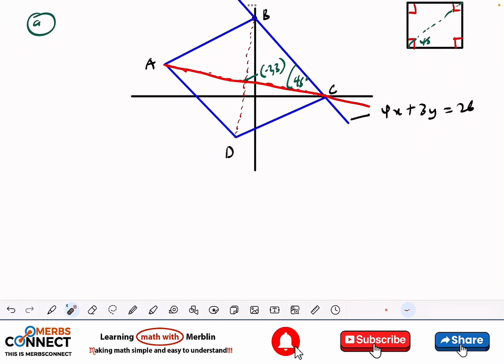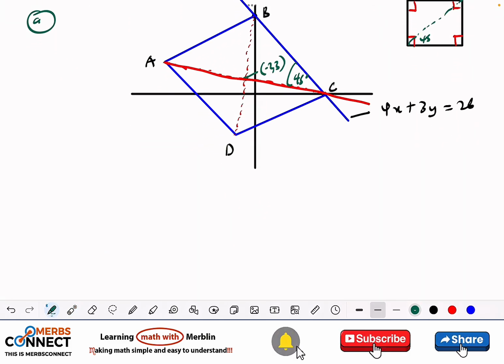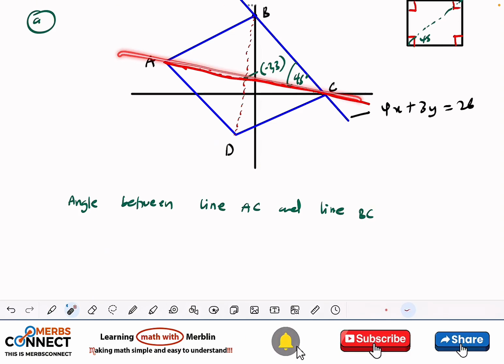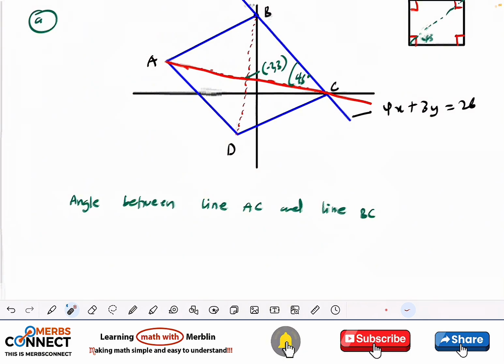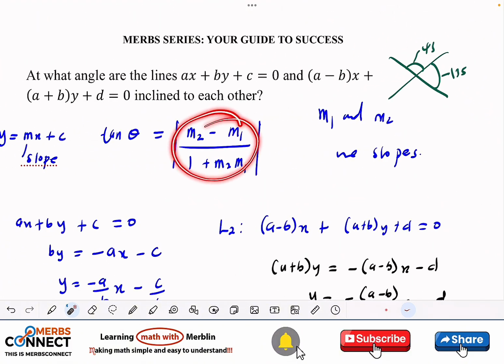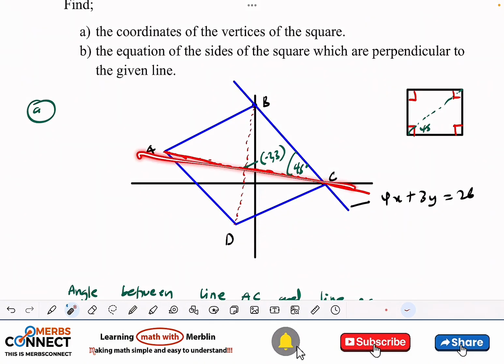So we want to find the angle between line AC and line BC, right? We want to find the angle between this and that, which we know is 45. But we are using that idea to get the slope, because remember, we go with slopes, to get the slope of line AC.